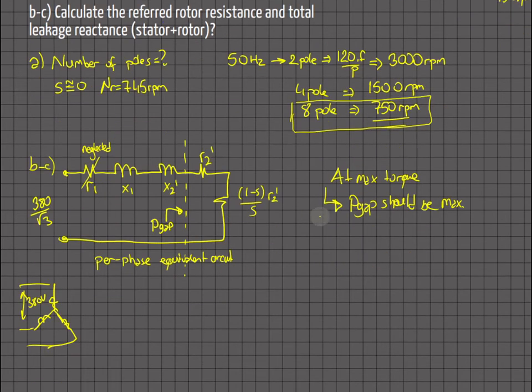So let's calculate the S at maximum torque point, right? So what is that one? We have 750 rpm synchronous speed, 600 rpm rotor speed divided by 750, that is equal to 0.2.